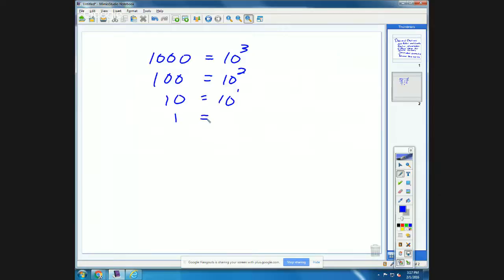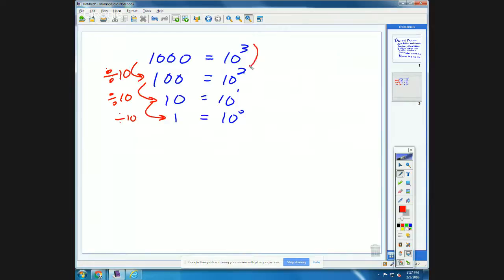10 to the 0. And a cool thing about our number system is a pattern evolves from this. So on the left side, would you agree that I'm dividing by 10 as I move down here? 10, divided by 10.